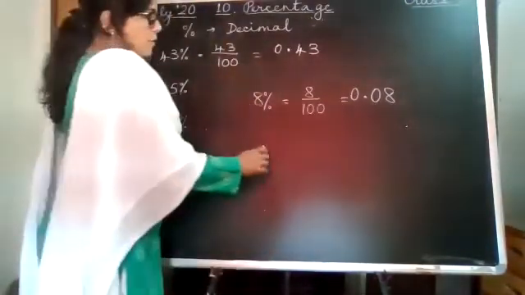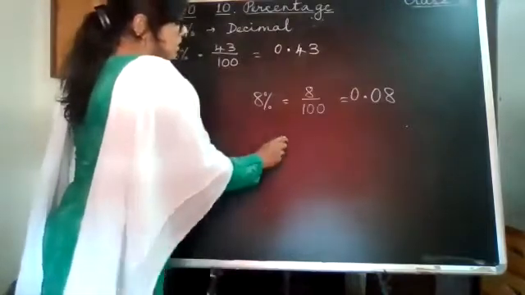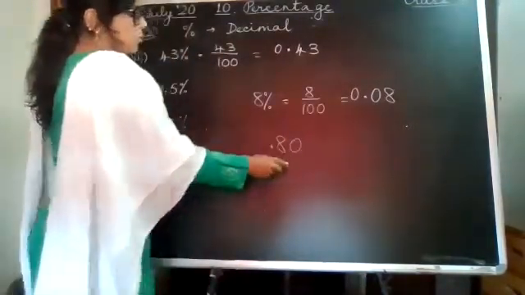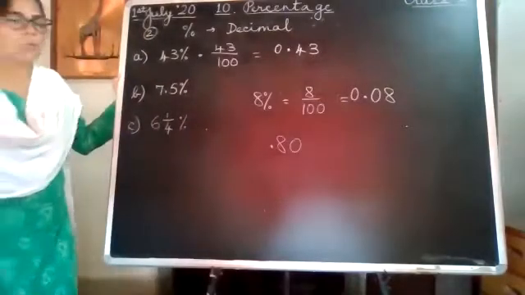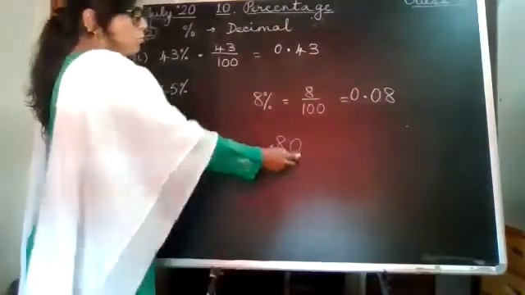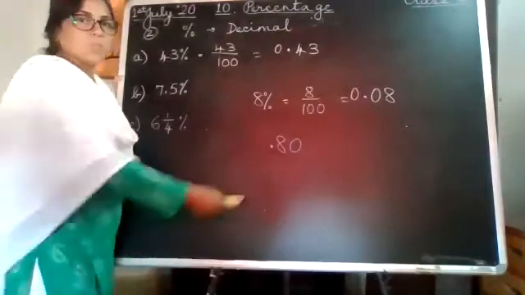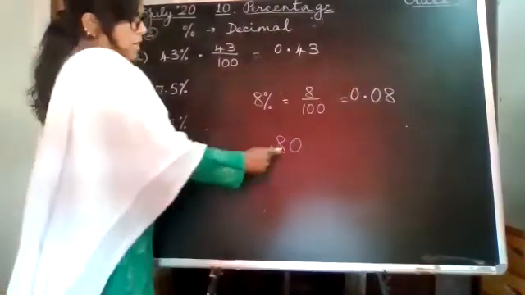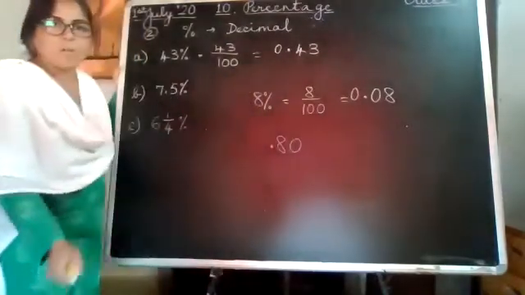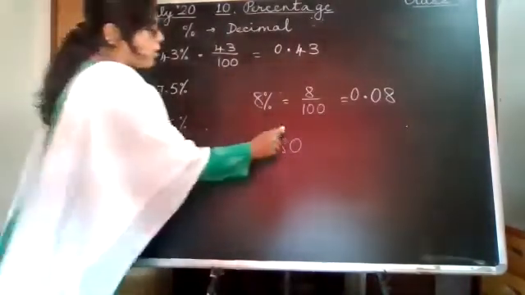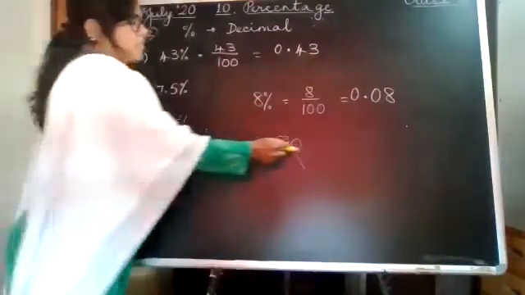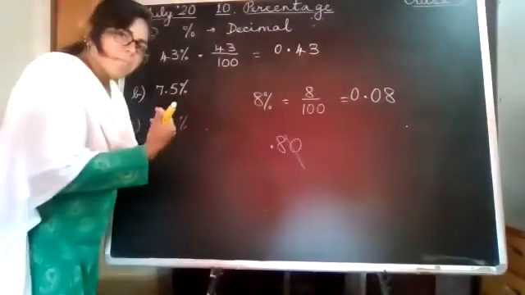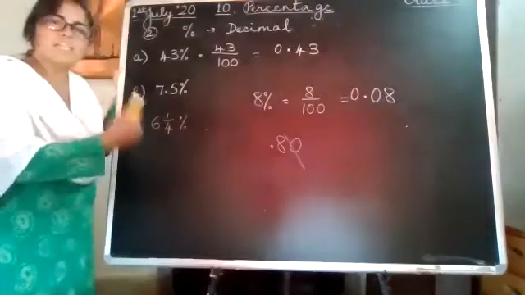Now, some of you may think that if we want 2 digits, I'll write 8 and a 0 and put the point before them, as if we have 2 digits after the point. But no, this is not 2 digits after the point; this is only 1 digit after the point. Why? Because the zeros at the end of a decimal number do not have value. So however many zeros you write after this 8, it's like they are not there.